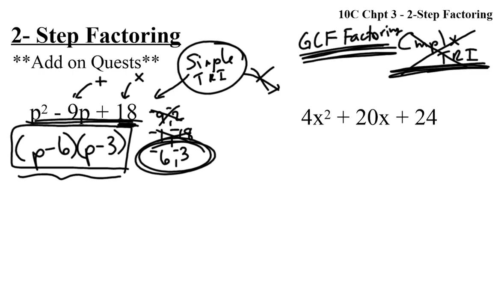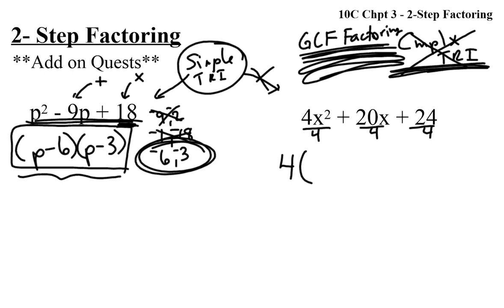2's not big enough. Let's factor out a 4. Our GCF, the greatest common factor here is a 4. Always, I've referred to it, and here's why.